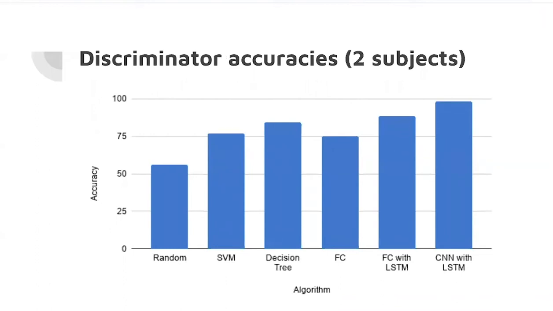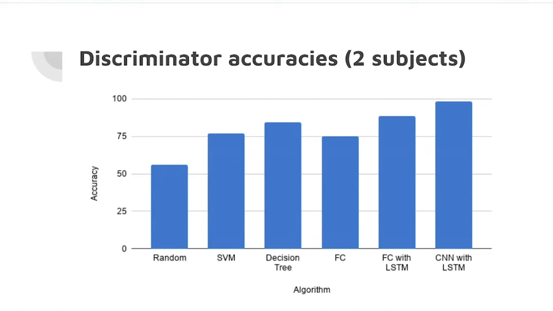On looking at two-subject classification, these were the following results. We used decision trees, a fully connected neural network, and a fully connected neural network with LSTM, all classifying with the help of only actions. We used CNN with LSTM for classifying from images.